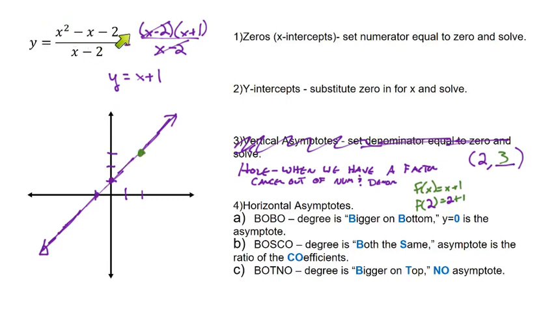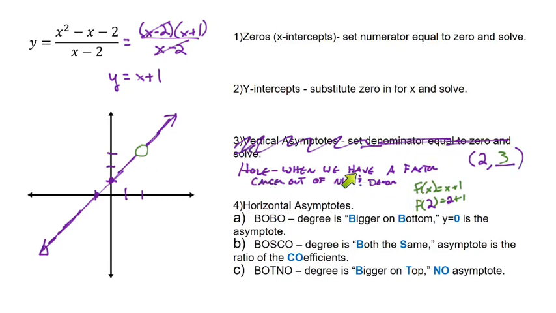Even though we canceled out that factor, I can't ignore the fact that originally if I put a 2 into the original function, I'm still going to have an undefined value. But instead of creating an asymptote, that just creates a little hole. And the way you show it is like this. Whoop. So we have a hole at the ordered pair 2, 3, and no vertical asymptotes.